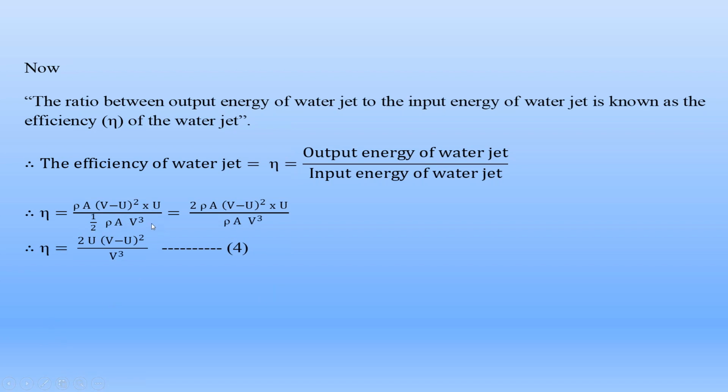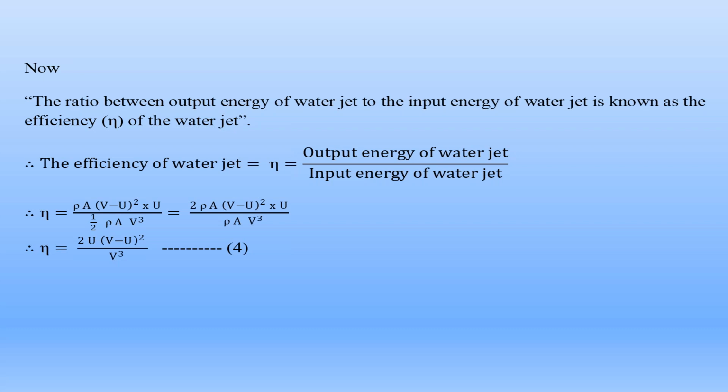Here rho A will cancel in the numerator and denominator, and this 2 comes to the numerator. So the efficiency of the water jet, nu, is equal to 2U into (V minus U) whole square by V cube, that is equation 4.